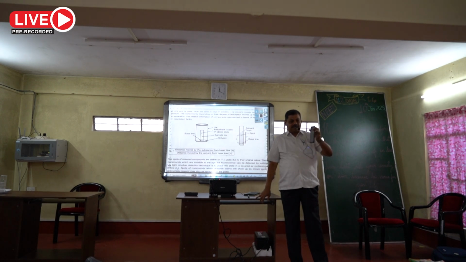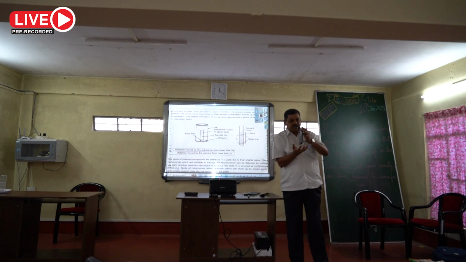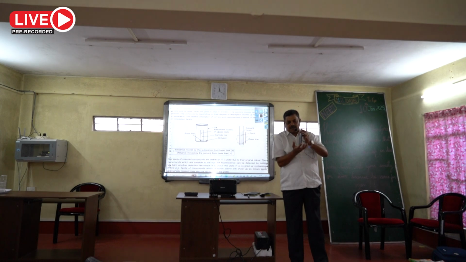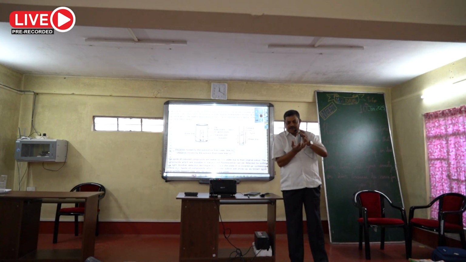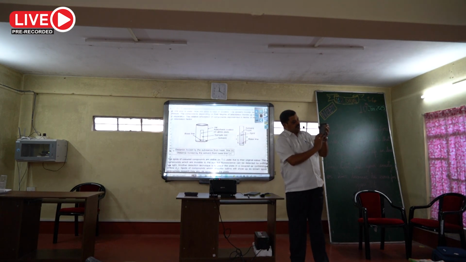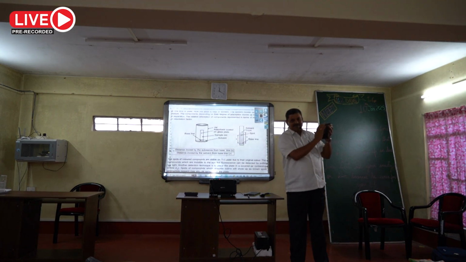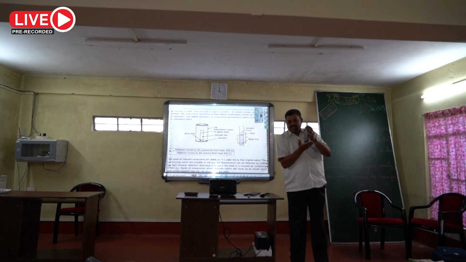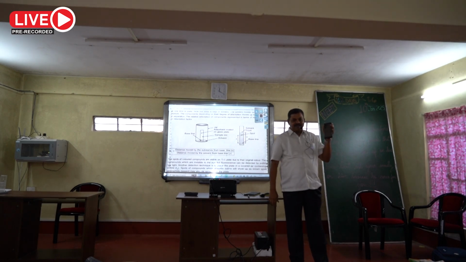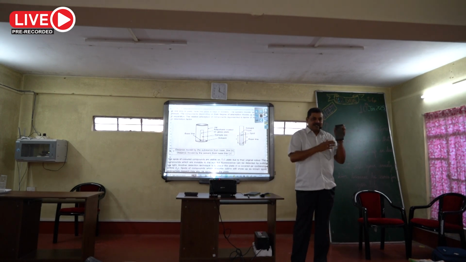Now this entire TLC plate is kept in a small dish containing a suitable solvent, just below the baseline. It is just dipped in the solvent. Due to capillary action, the solvent moves above the plate along with the adsorbent.